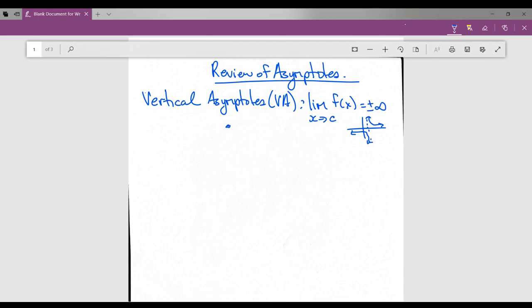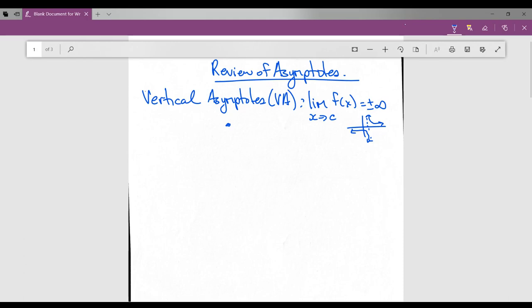The simpler version that we kind of go by is what makes the denominator equal to 0.